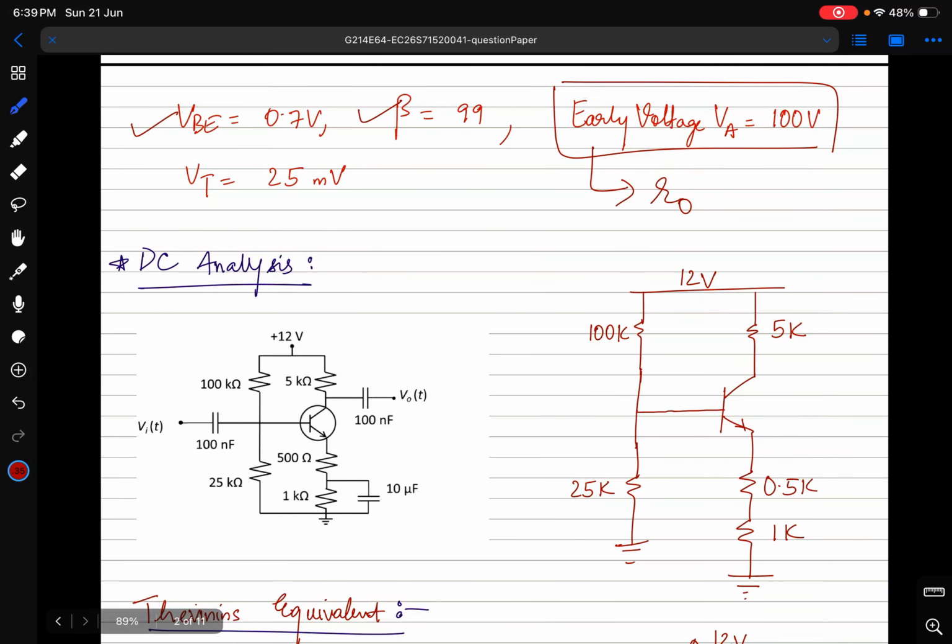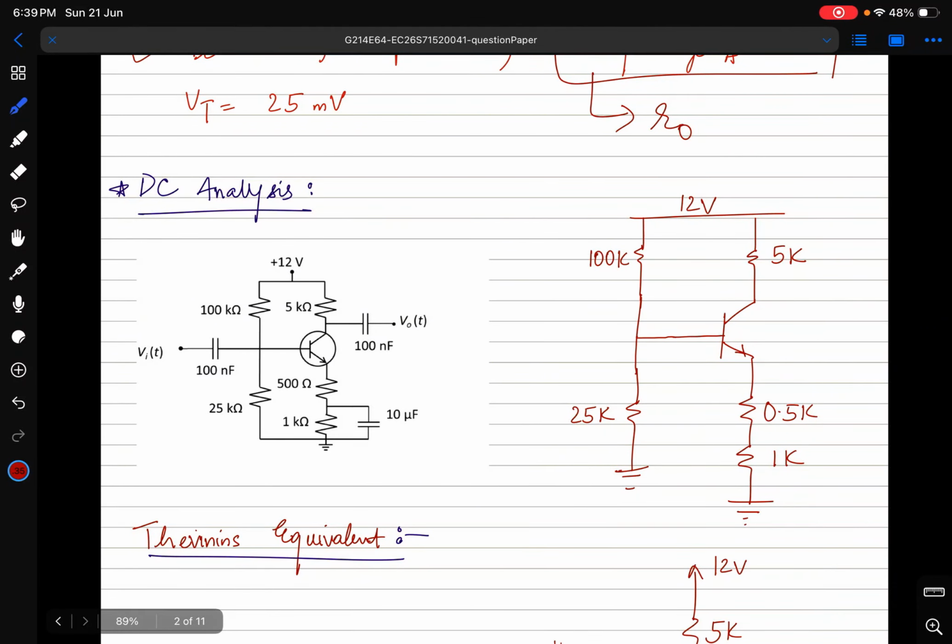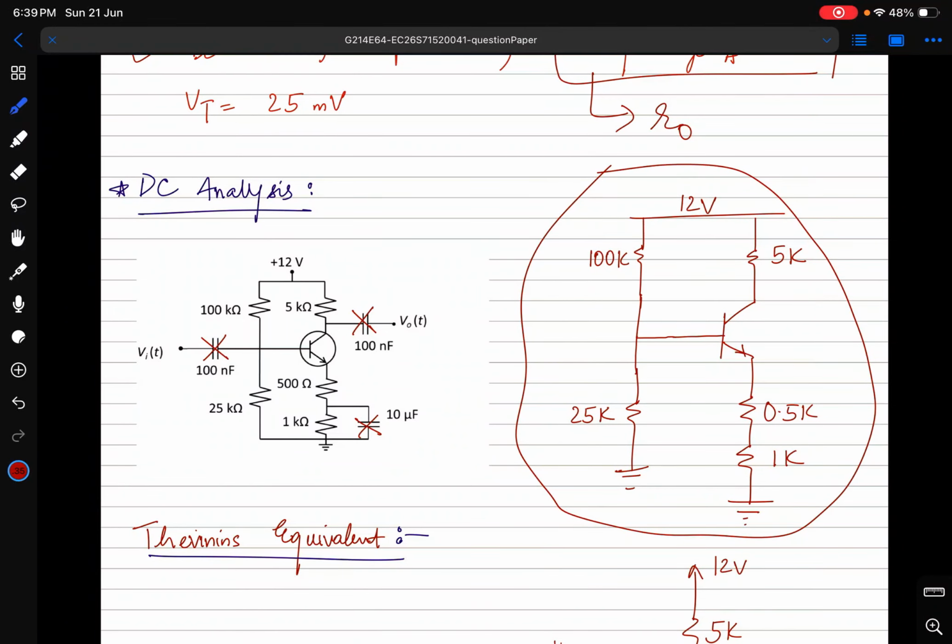So first we'll do the DC analysis. DC analysis is very simple, so I'm not going to take much time on this. In DC analysis, this cap gets open circuited and this cap also gets open circuited. So we are left with the equivalent DC model of the given circuit.